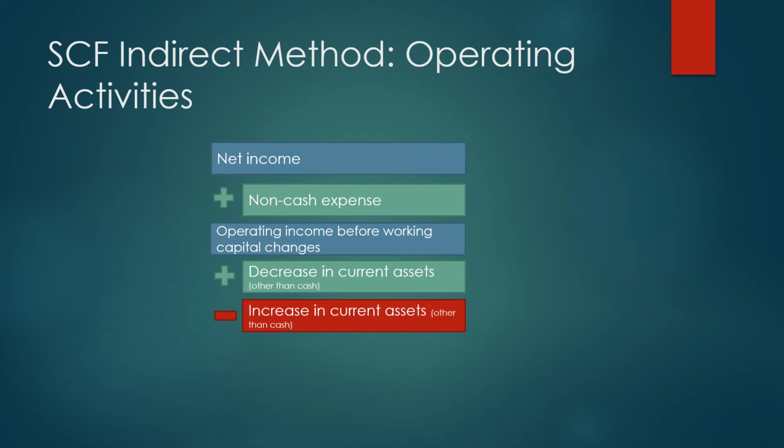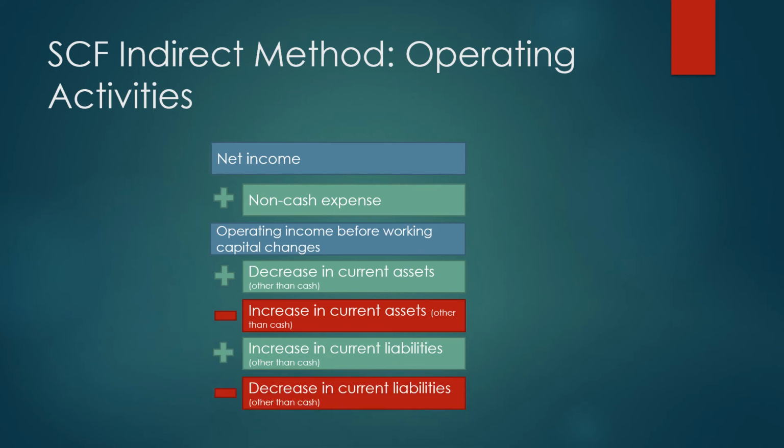Increase in current assets: if your accounts receivable increases, your inventory increases, your prepaid expense increases, you have to deduct. Then, you have to add the increase in current liabilities. What are the current liabilities? You have your accounts payable, you have your accrued expense. If those increase, you add them. And when they decrease, you deduct.